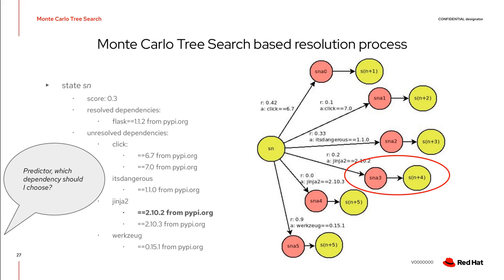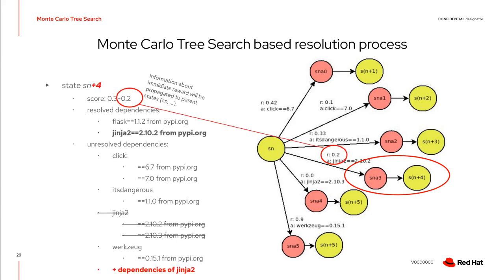So let's do it. If we do it, then we need to adjust the state in a way that we don't consider Jinja2 as an unresolved dependency and move it to the resolved dependencies set. This action that was taken gives an immediate reward signal of 0.2.